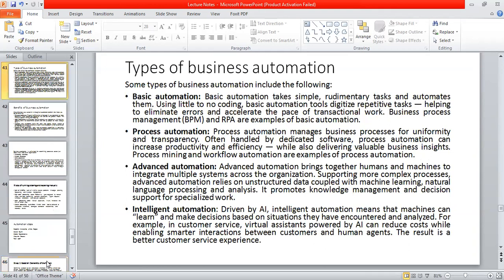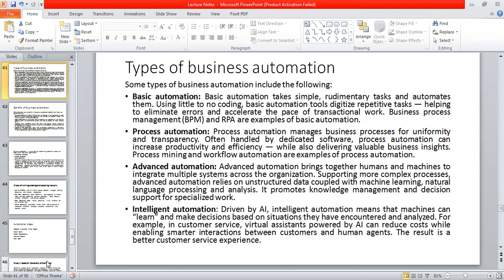There are mainly 4 types of business automation. This includes basic automation. By basic automation, this is where simple tasks are automated using little or no IT code.